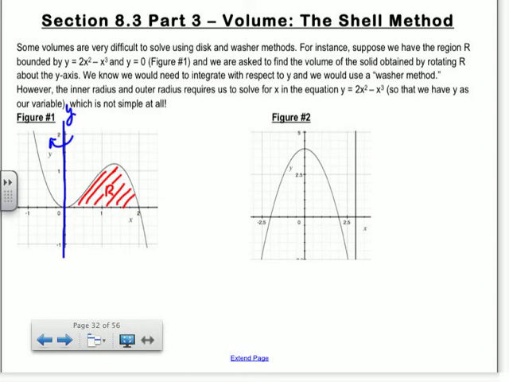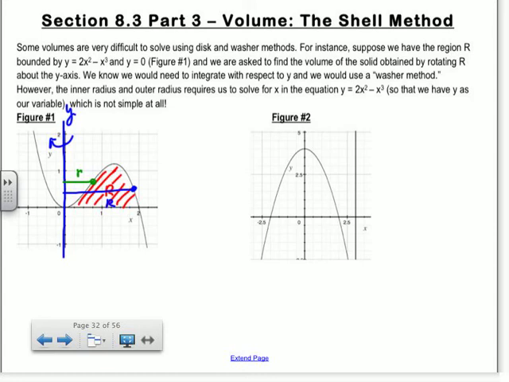So if we're going to use the washer method, we need an outer radius and an inner radius. So think about your outer radius and inner radius. Here's the outer radius. Here's the inner radius. What's wrong with this situation? It's the same curve.